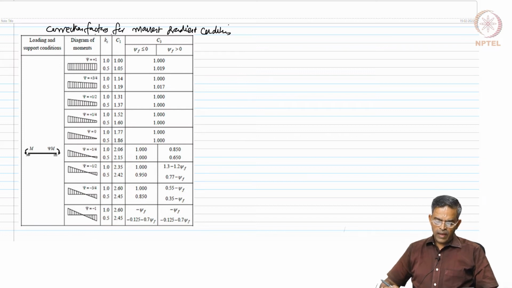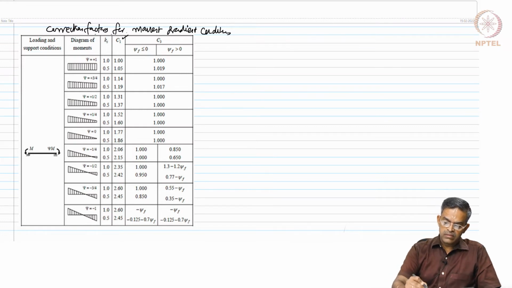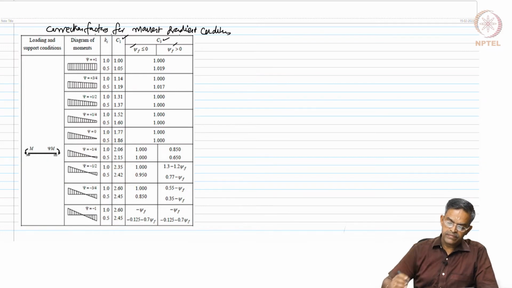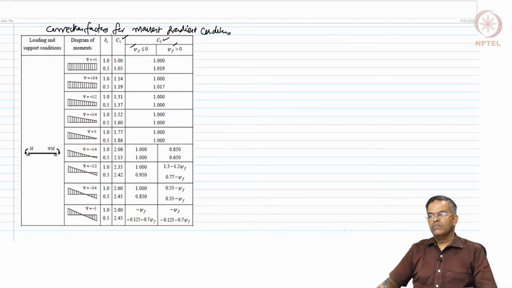One can see different types of possible bending moment distribution, and you can also look into the factors C1 and C3 depending upon psi f less than or more than 0, for different loading conditions. We will be using this correction factor when we do a problem.